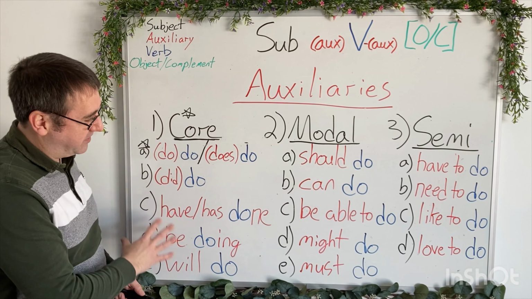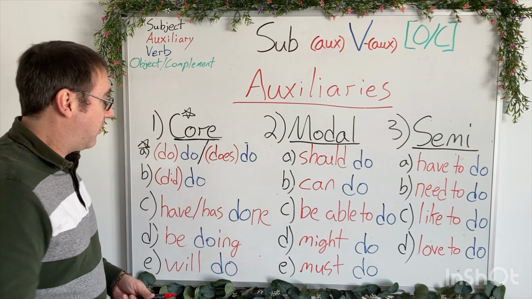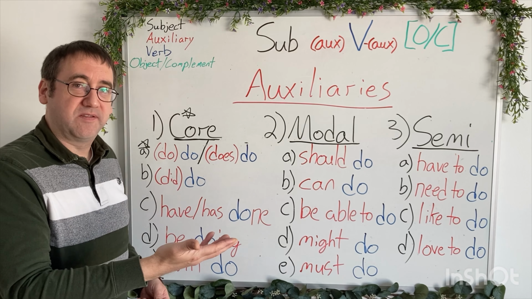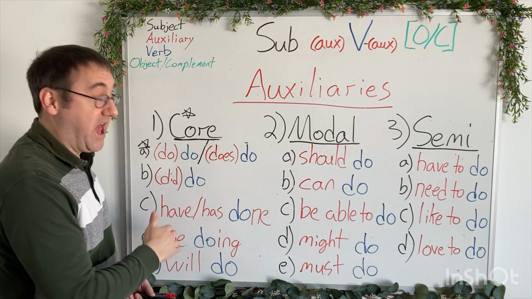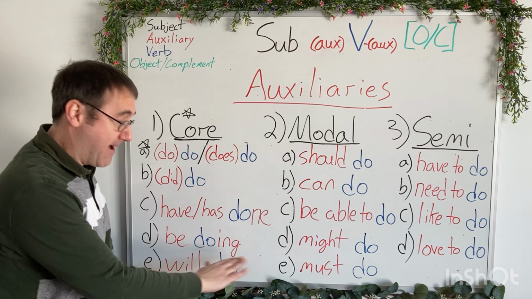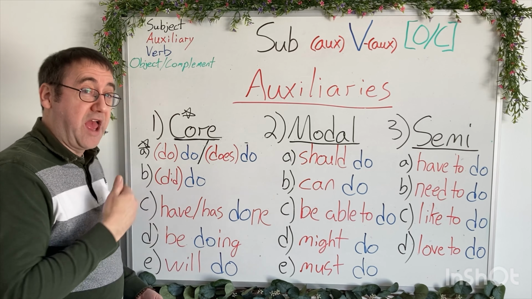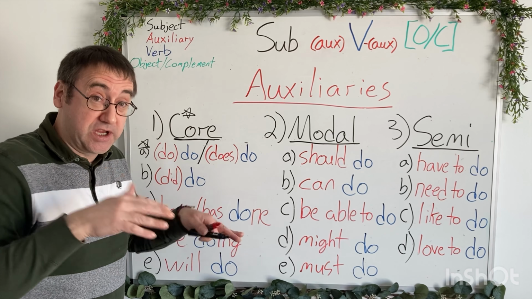Now the core ones over here are a little more complicated, but they work the same way. So I walk, she walks. I walked, or I did walk. I have walked, which is talking about my life experience. I am walking, be doing, am doing. I am walking, I am talking, I am teaching right now.